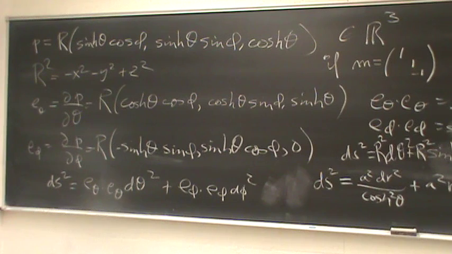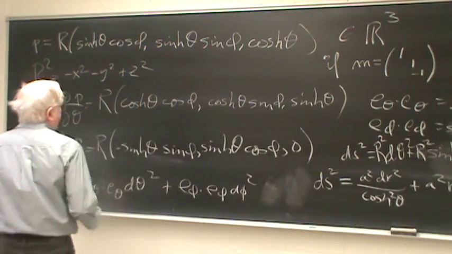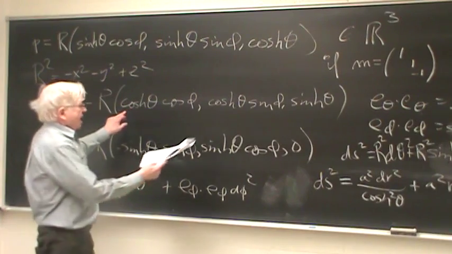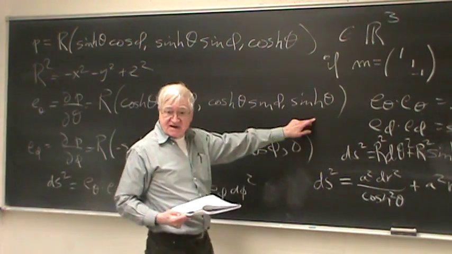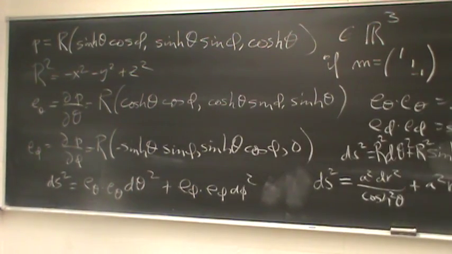It's the ordinary hyperboloid. And then when you go now, E theta dot E theta is different because it would be cosh squared plus sinh squared, not minus sinh squared. And so E theta dot E theta is cosh squared theta plus sinh squared theta, and I left out an R squared.